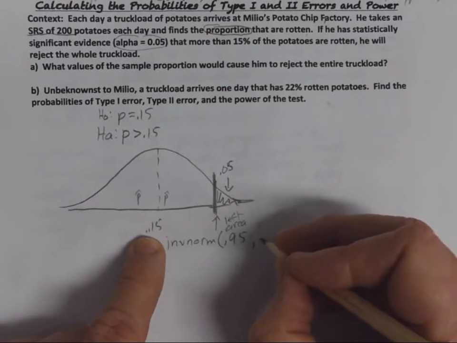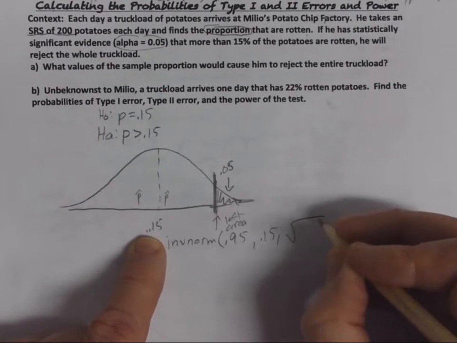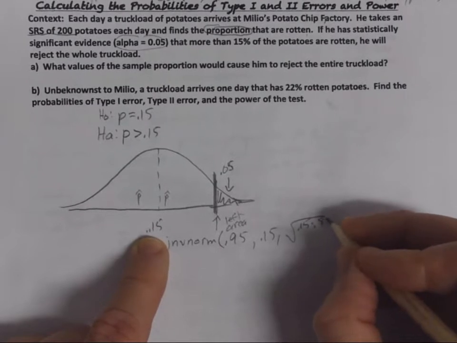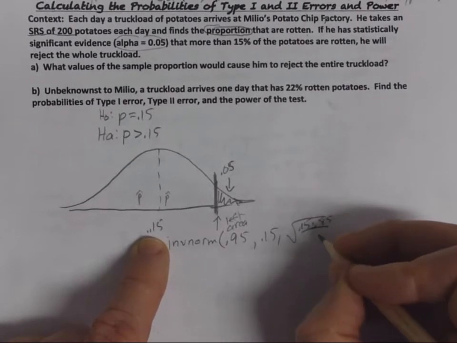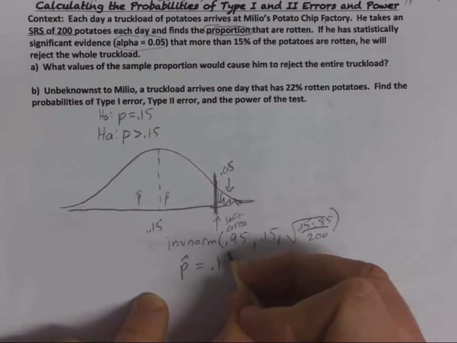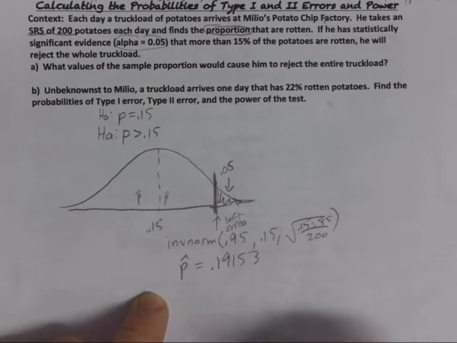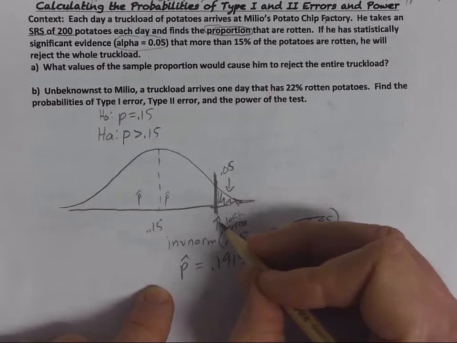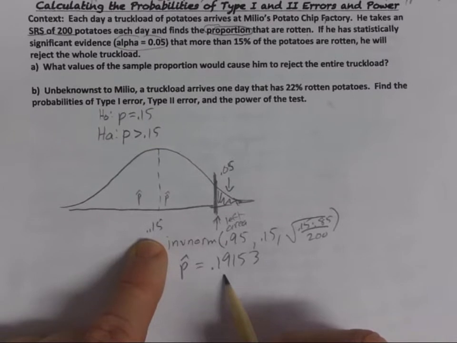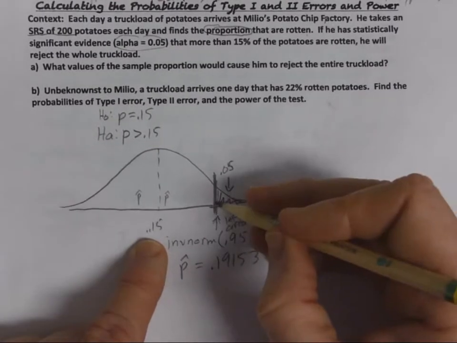Our mean is 0.15, and our standard deviation, just like it has been, the square root of p times 1 minus p over n, so 0.85 over 200 is our sample size. That gives us 0.19153. So that is this value here. Any sample value I get above that would cause me to reject the whole truckload.